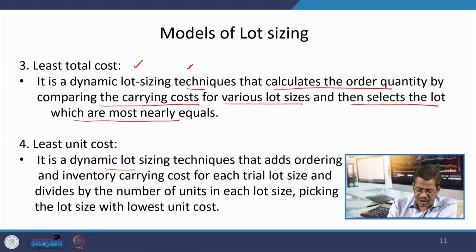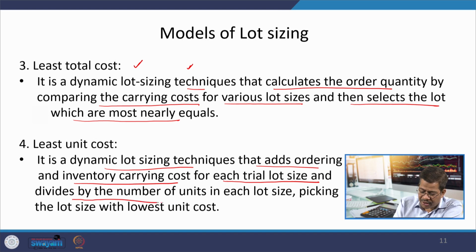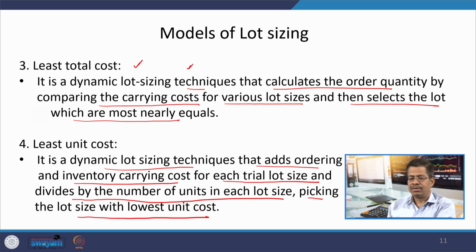It is a dynamic lot sizing technique that adds ordering and inventory carrying cost for each trial lot size of method 3 and divides by the number of units in each lot size and picks the lot size with lowest unit cost. So, that is the difference between third and fourth.